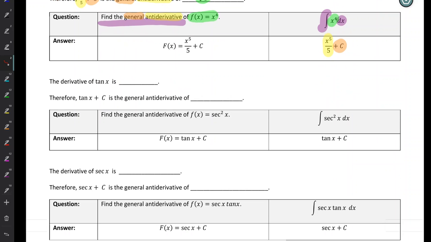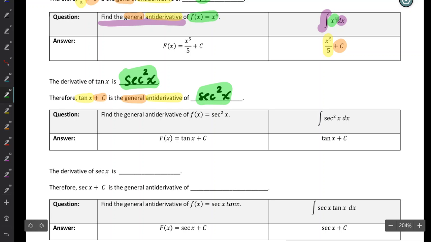A few more. The derivative of tangent is secant squared. So tangent x plus any constant would be the general antiderivative of what function? Of secant squared. Going backwards, find the general antiderivative of secant squared. We've been asking you that just straight up in English, and you would be asking yourself, well, the derivative of what function is secant squared?